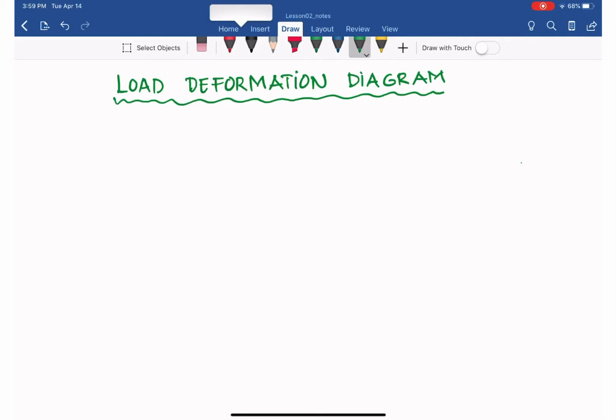For the diagram, the vertical axis will be the load P, so the load that I apply with my hand, and then the deformation of the rubber band. That deformation we call delta, measured in inch or centimeter, millimeter, etc., depending on the unit system we have.